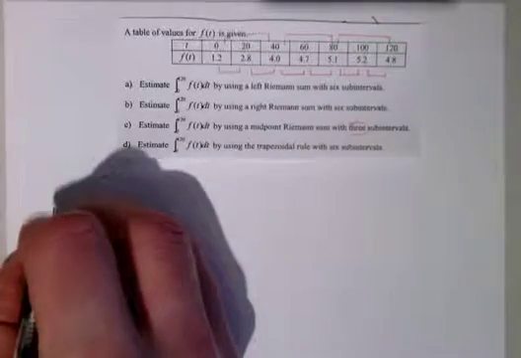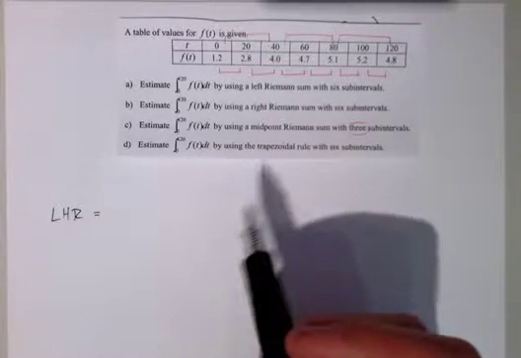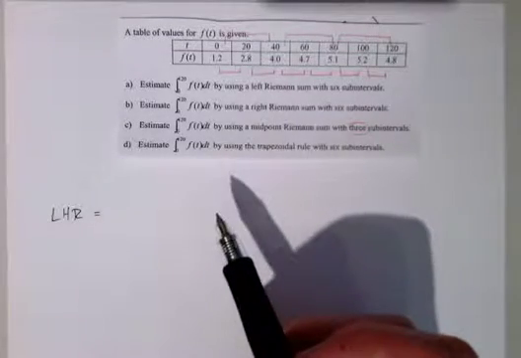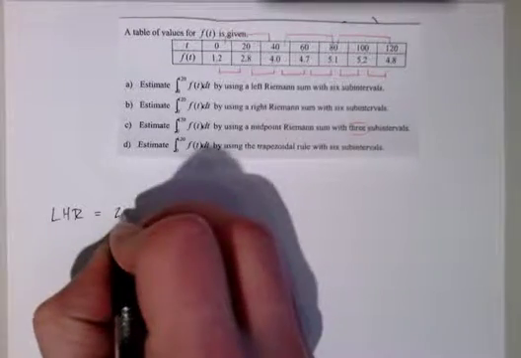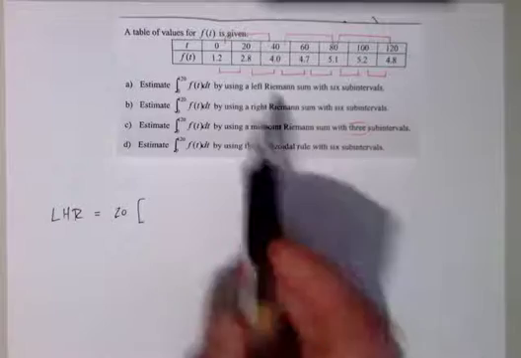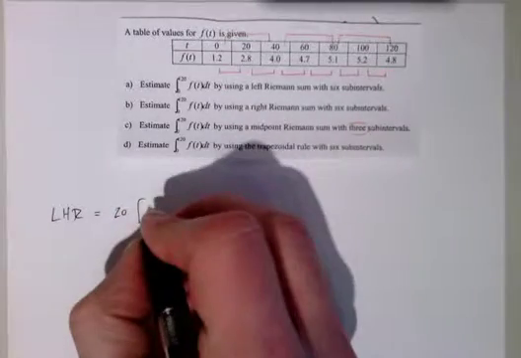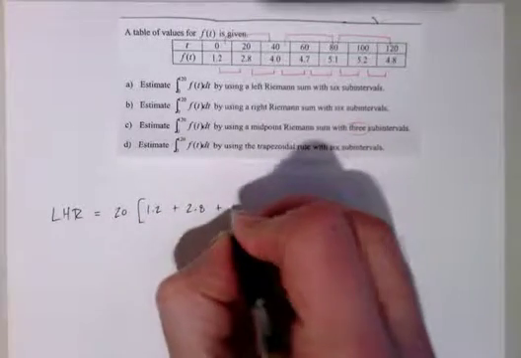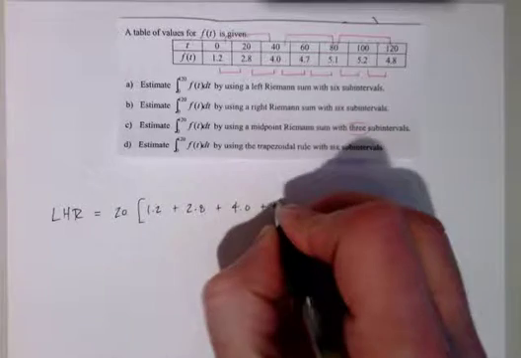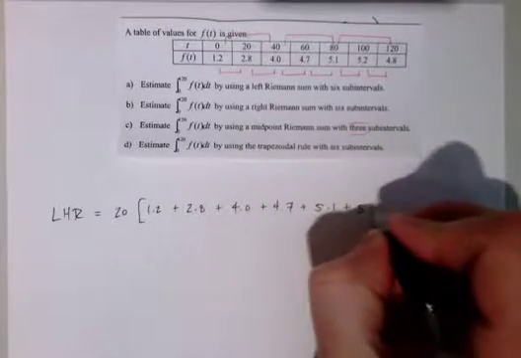If we're looking for the left-hand Riemann sum, we need delta x, because remember, you're dealing with the area of rectangles on left-hand Riemann sum. And so you have 20, and then you just have to add up the first 6 of those output values: 1.2, 2.8, 4.0, 4.7, 5.1, and 5.2.